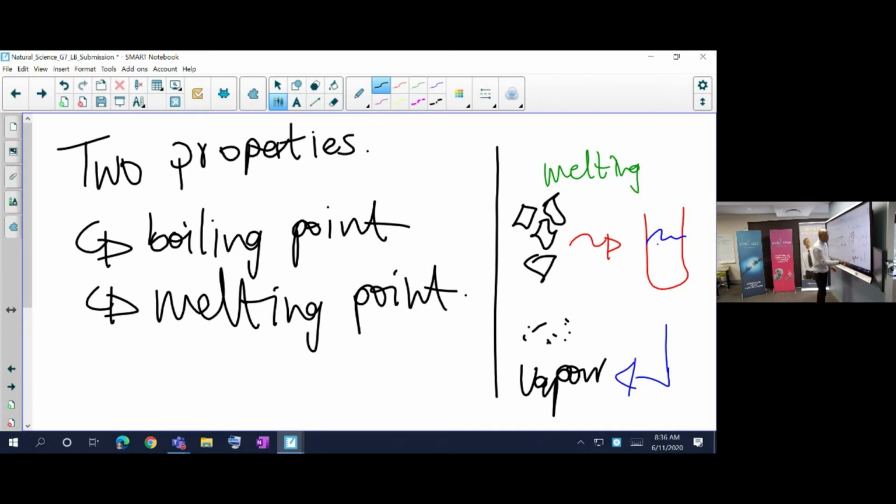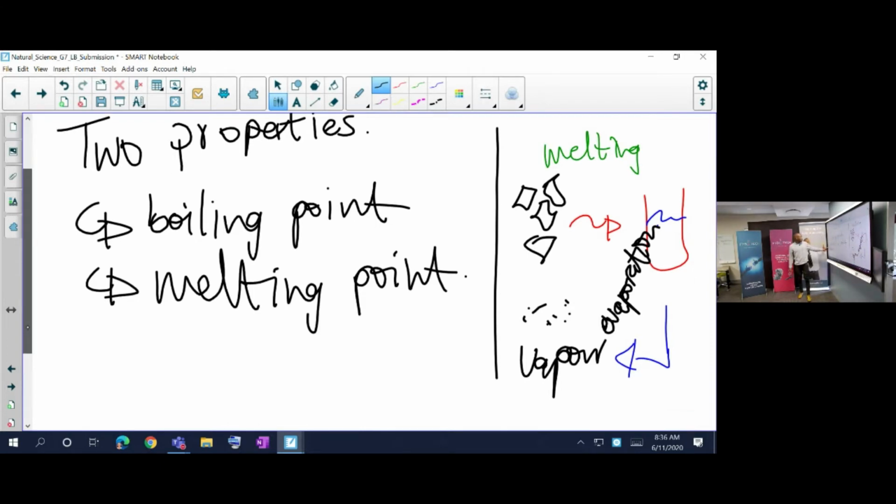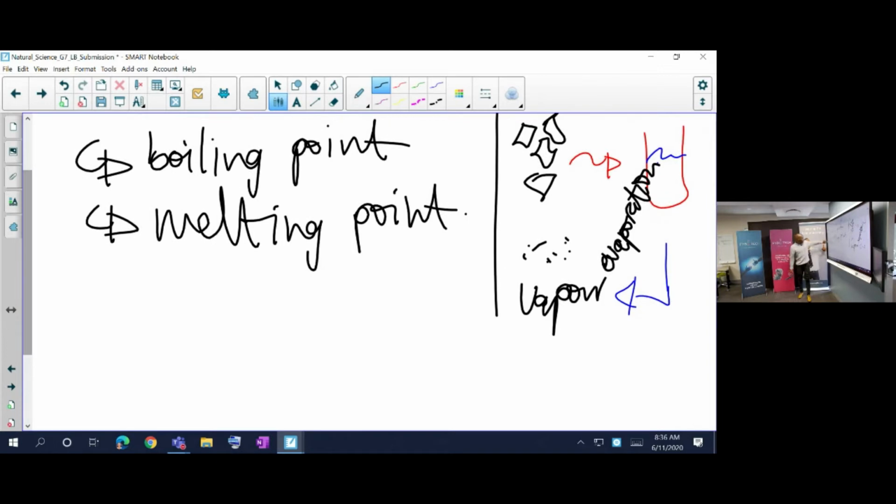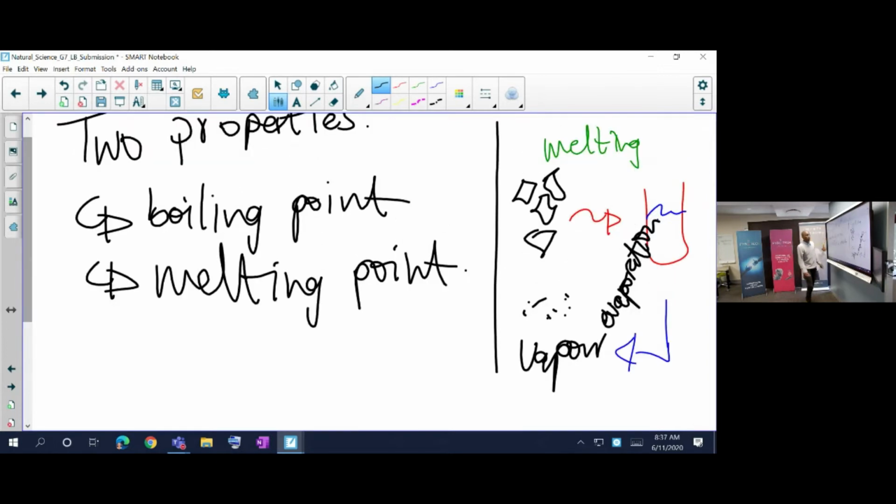When we have liquid transforming to vapor, we said this is evaporation. Remember? And that's all great and well. So how does this now link into this?